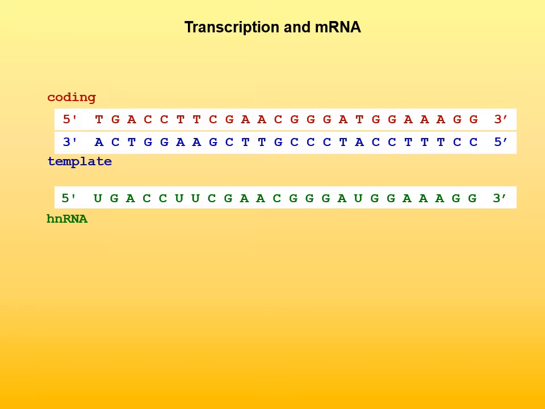So the opposite DNA strand in red is called the coding strand, non-template strand, the plus strand, or the antisense strand. The easiest way to find the corresponding RNA sequence, which is shown here in green, is to read the coding strand directly in 5' to 3' direction and substitute thymine of DNA for uracil in RNA.